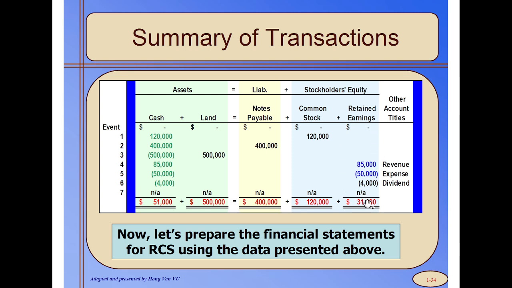So now the retained earnings is 31,000. If you make the sum, the total assets now is 551,000, and the total liabilities and total stockholders' equity is the same, 551,000.